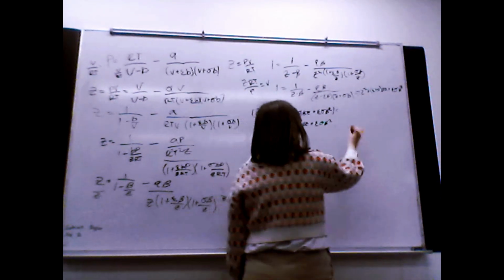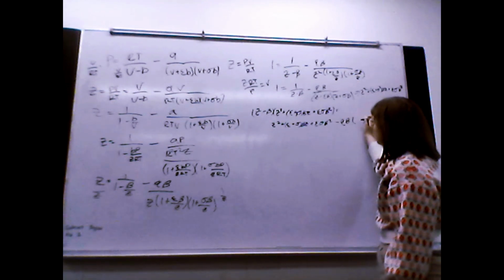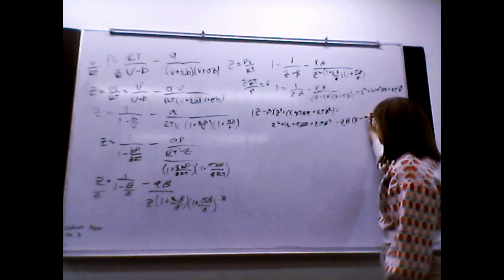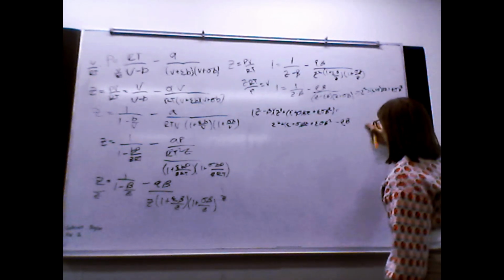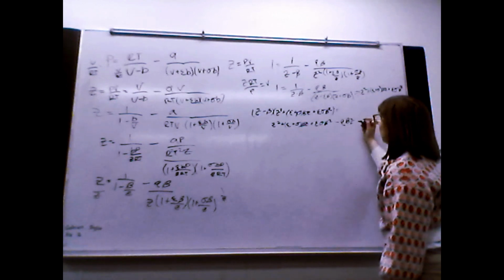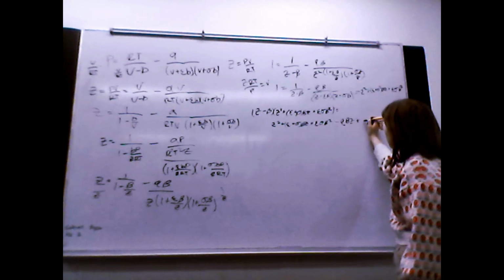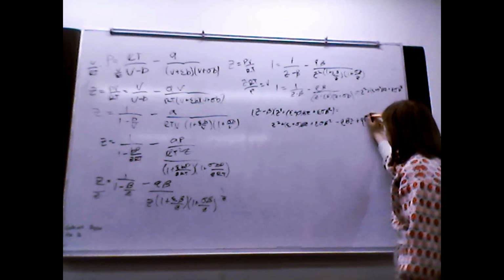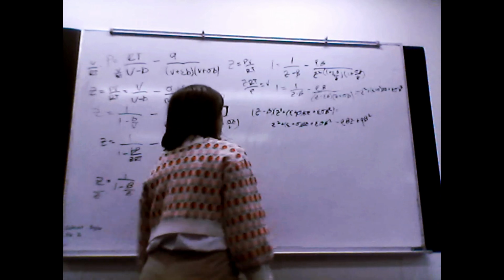And then this is going to be subtracted by q beta times z minus beta. And then let's multiply this out. So this is going to be qz, and then this one's going to be plus q beta squared.